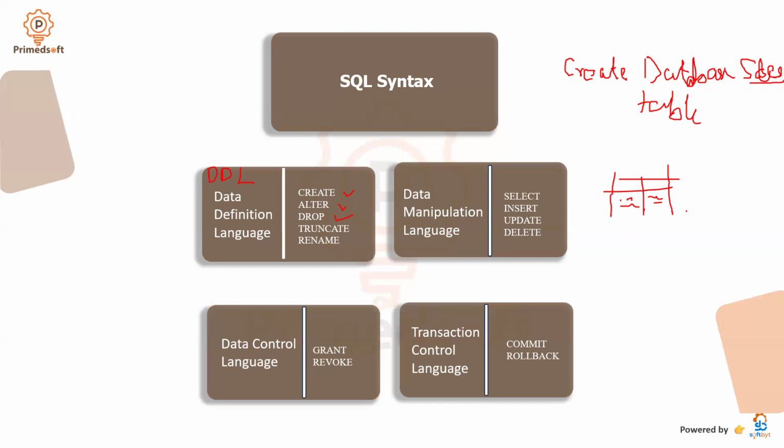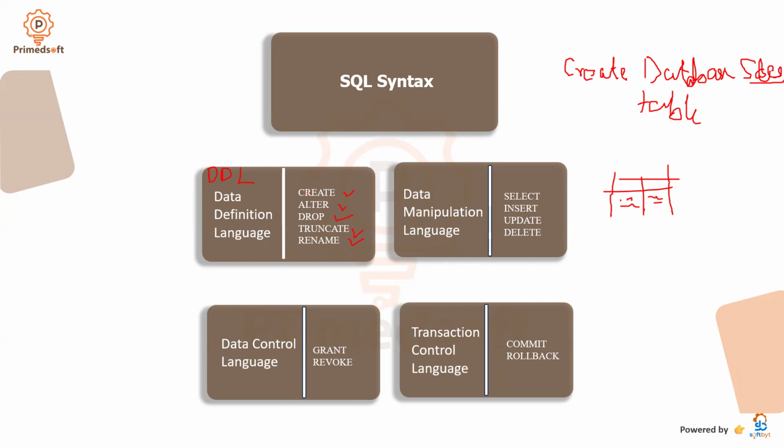Truncate helps to remove the entire data in a table without deleting the table. And then rename is used to rename something in a database, like a table name or column name.